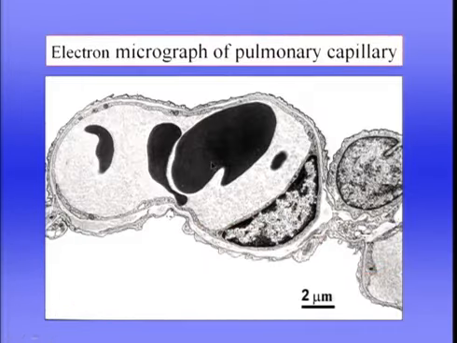And if we go to an electron micrograph, of course, we can see the barrier very clearly here. This is the thin side of the blood-gas barrier, and we can see that its thickness is only about 0.3 of a micron, fantastically thin. So we've certainly satisfied the requirement that the barrier be extremely thin.